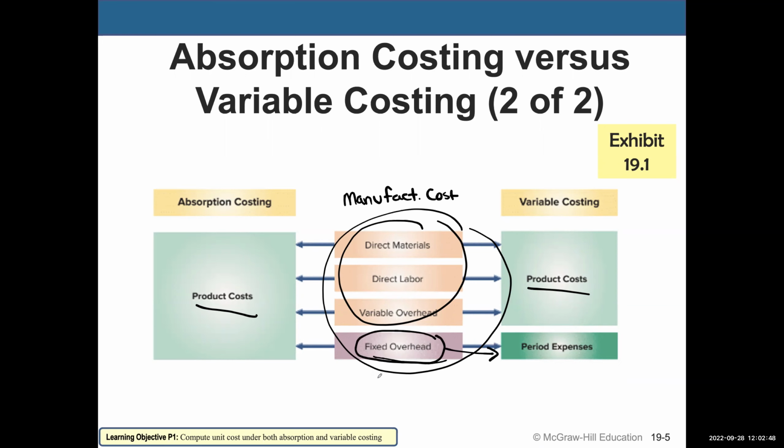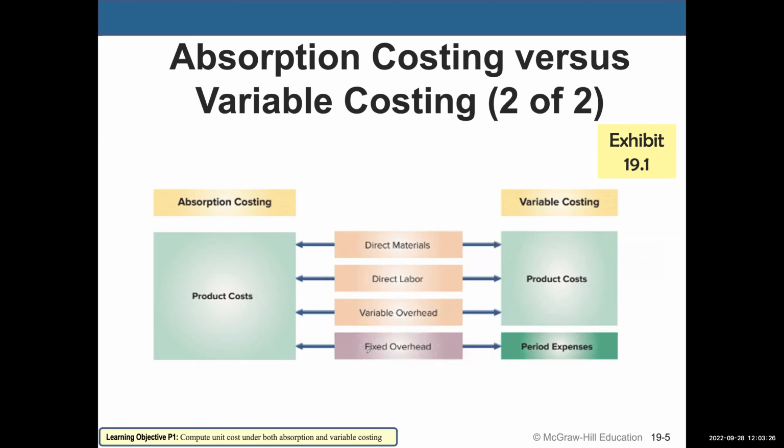We don't see it listed here, but in either method, our selling or our general and admin expenses, these categories, these are always period expenses under both methods. So again, everything that we're looking at is a difference caused by this treatment of this one item. Nothing else differs. It's just this one item, but it does have some major implications.